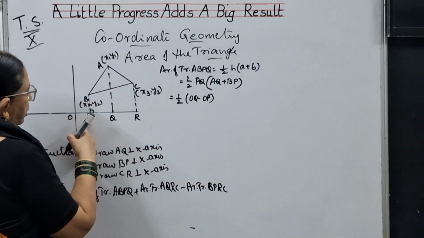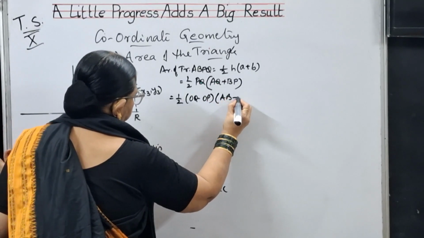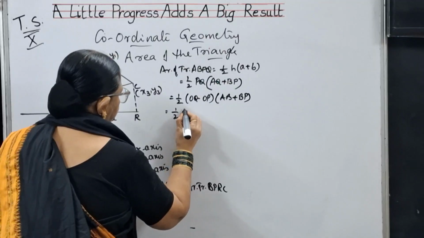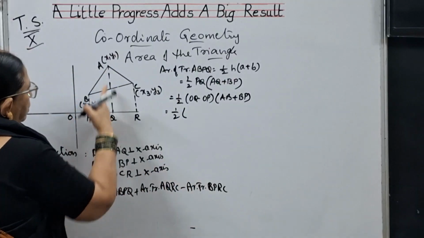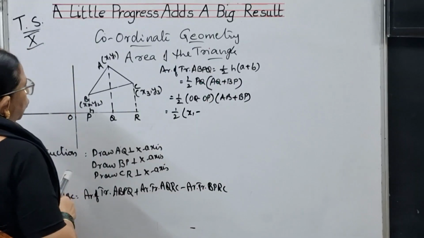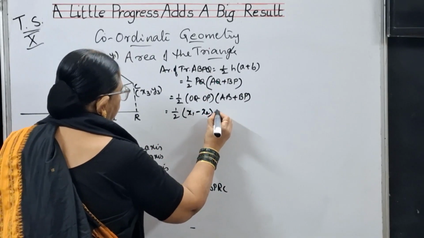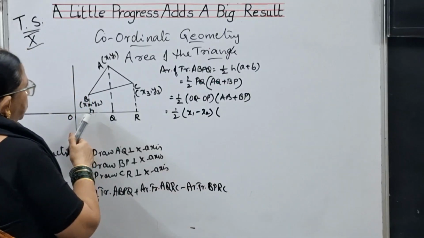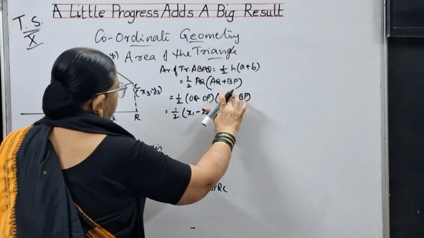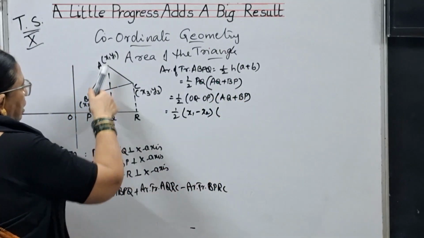So half into OQ, which is x1, minus OP, which is x2, into AQ plus BP.